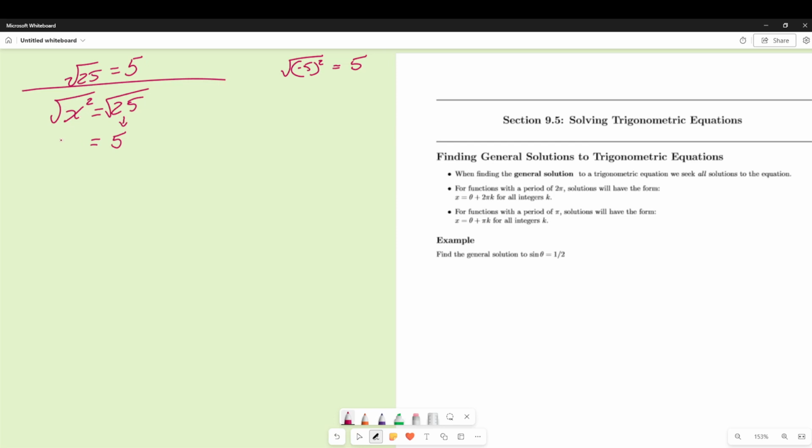So the square root of x squared isn't x, it's technically the absolute value of x. And the solution set to the absolute value of x being 5 is that x has to be plus or minus 5. So that plus or minus is not coming from the square root of 25.